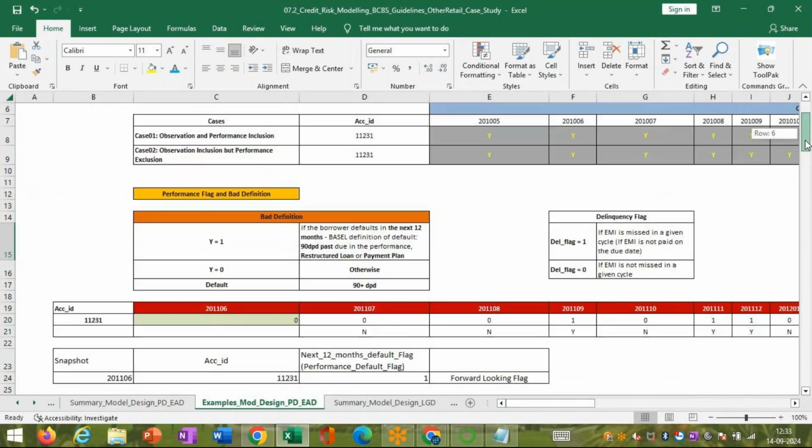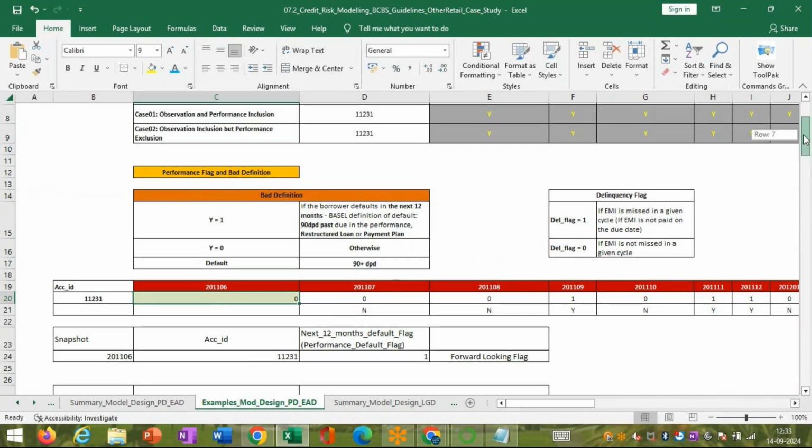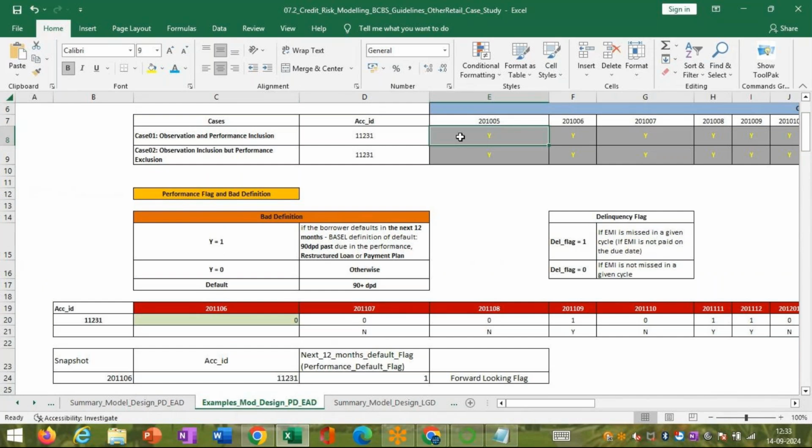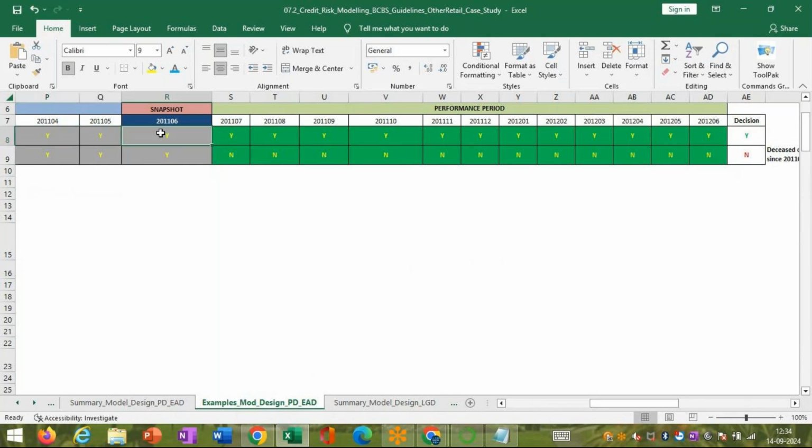Now come to the next part, the concept of a performance default. Over here for account 12231, the question is: did the customer default as on 2011-06? Now, Kshitij, if the customer had defaulted in any one of these months up to this point, I will not be incorporating this customer in my snapshot at all, because as on 2011-06 the customer has already defaulted.